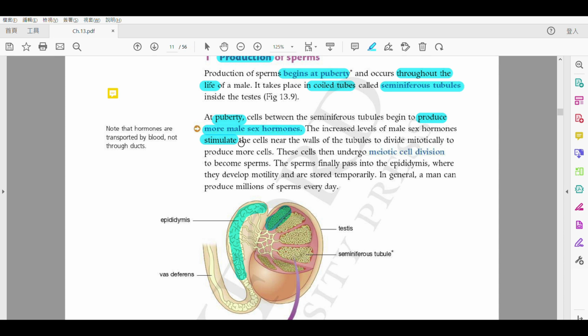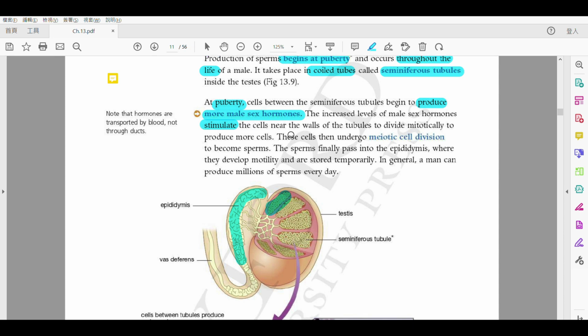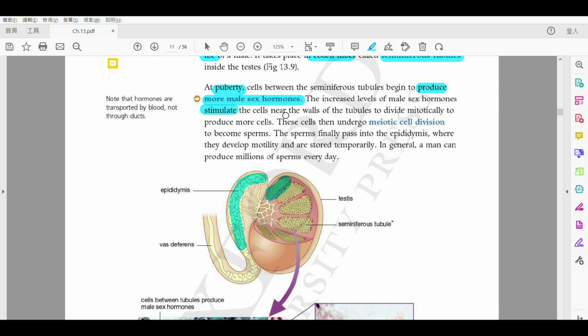So the male sex hormone stimulates the cells to divide mitotically. Remember, even though it is producing gametes, it must first carry out mitosis. Later I'll explain this to you. After it divides mitotically, it produces more new cells, right?